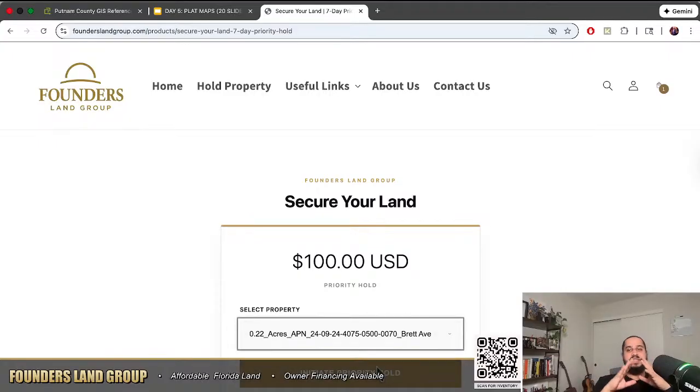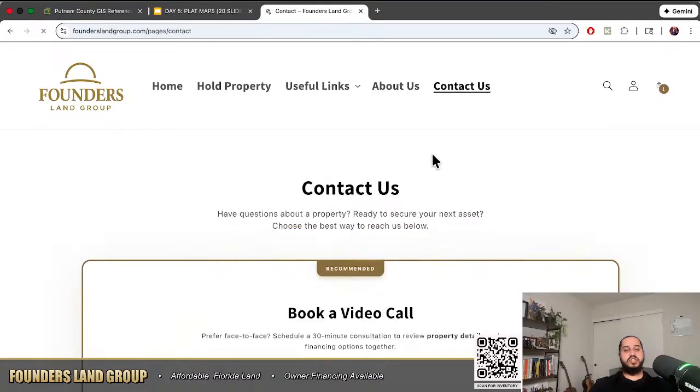What it does is it puts this property off the market for anybody else to buy, so you can rest assured for the next week, go look at the property, and do your due diligence. We highly encourage everyone to call Putnam County, call the specific counties, make some calls, and do their due diligence. If you have any questions and concerns, you can definitely get in touch with us.